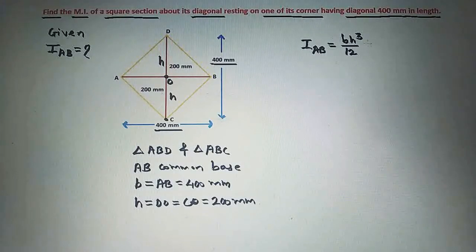So we will multiply this by 2, then we will get the moment of inertia about the diagonal AB of the square section.